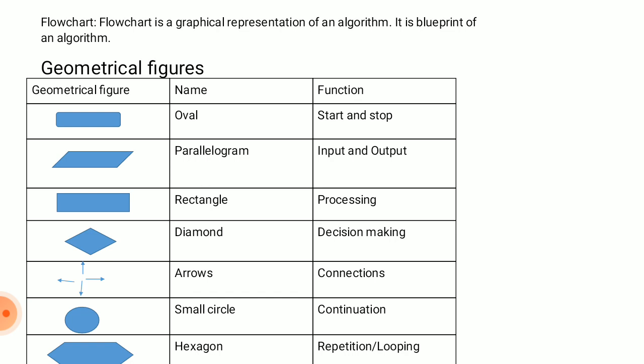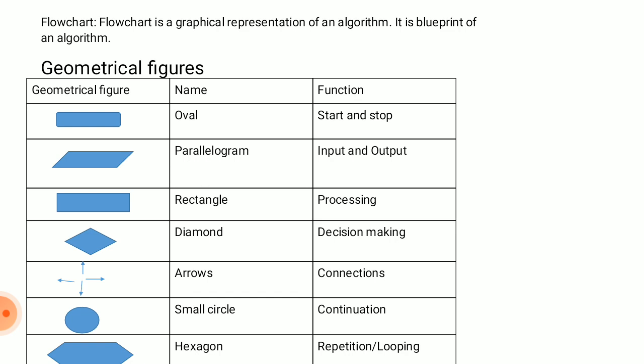Whatever instructions or statements you are using in the problem, everything will be represented in the form of some geometrical figures. Instead of writing statements, the statements are represented in figures. So you can see it is a blueprint of an algorithm.